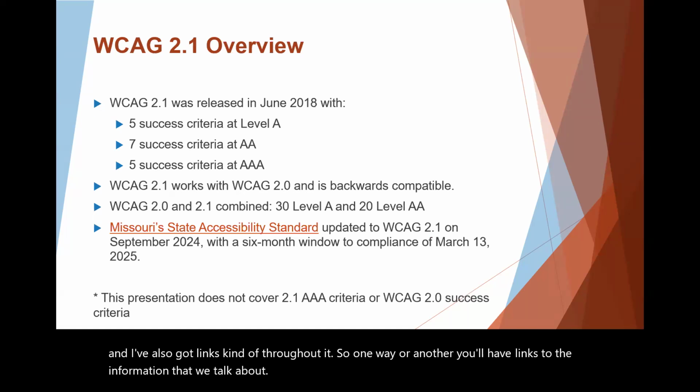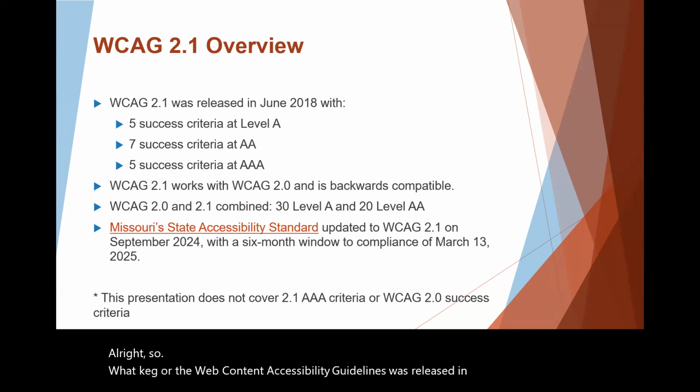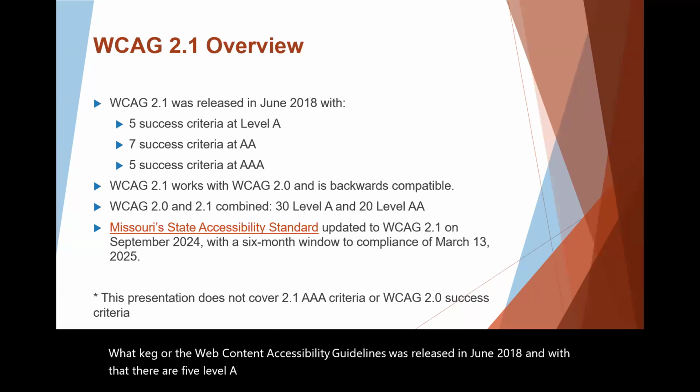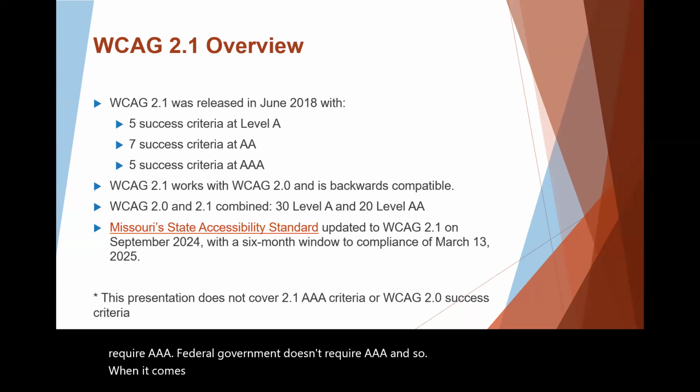All right, so WCAG, or the Web Content Accessibility Guidelines, was released in June 2018. And with that, there are 5 level A, 7 double A, and 5 triple A. And I will not be discussing triple A, as we don't require triple A. Federal government doesn't require triple A. So when it comes to AAA, it's just an if-you-want-to-implement type of situation.